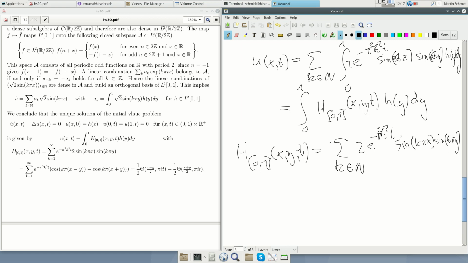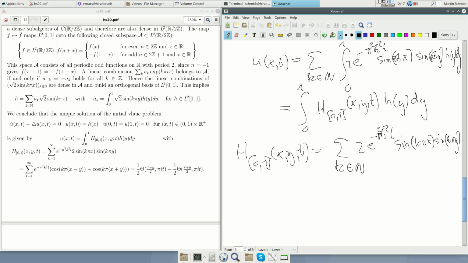So this is now our heat kernel. We have in fact determined the heat kernel. And as we have seen, this sum solves the heat equation. We have constructed it so that it solves the heat equation, because it's a linear combination of eigenfunctions with the correct dependence on t.